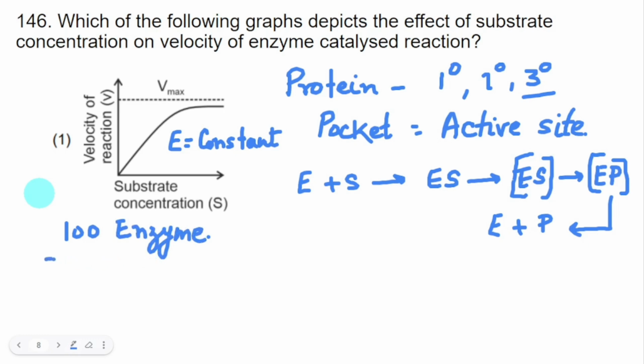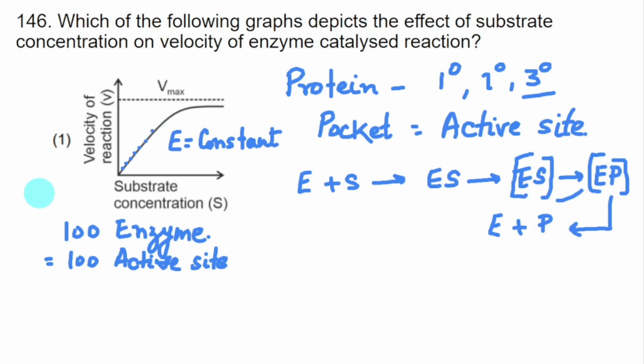So there are total 100 active sites available. Now in the beginning over here, as the substrate concentration increases, slowly the enzyme activity also increases, because slowly these active sites start getting filled and they carry on the enzyme catalysis process.